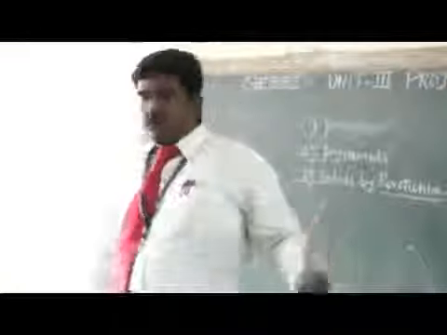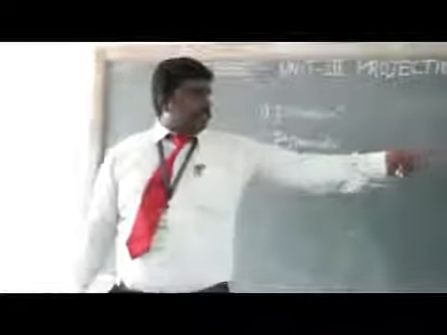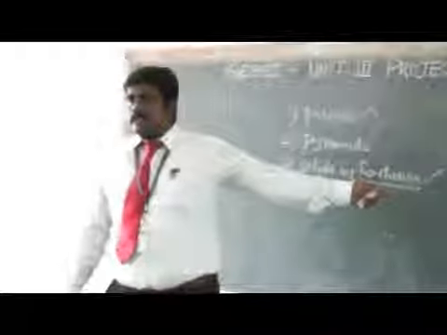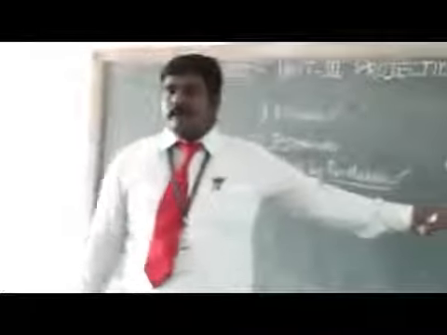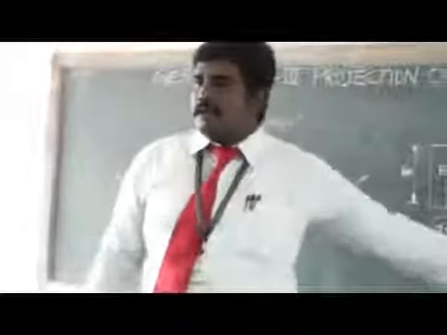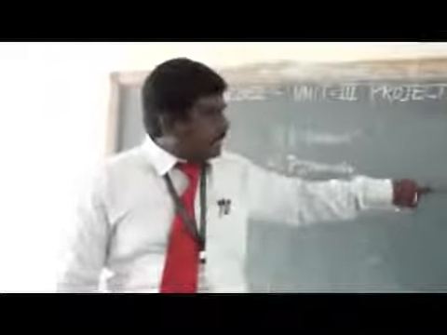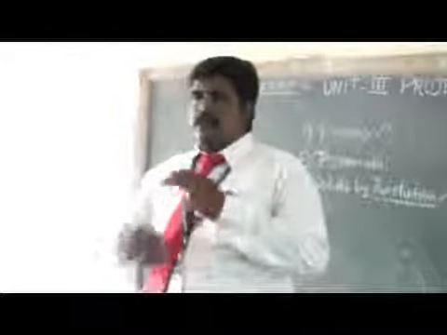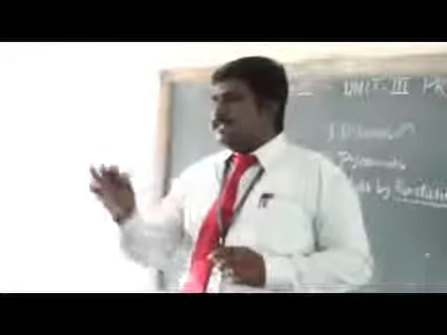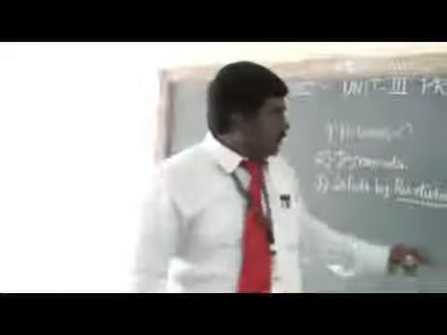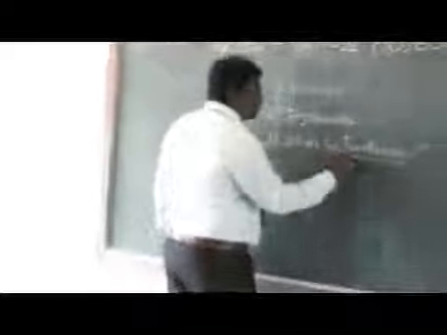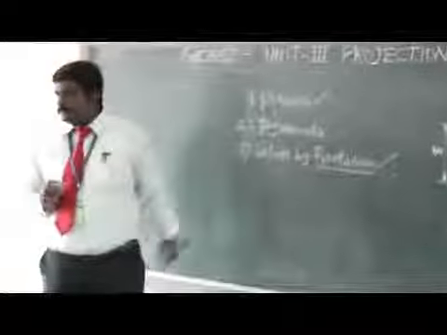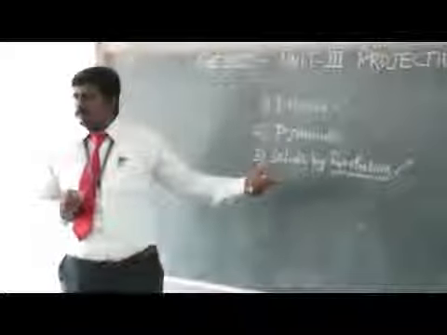Any doubts? So this is how the cylinders, cones, and spheres are obtained by just revolving about any axis, say x-axis or y-axis, whatever may be the axis, but just by revolutions we are going to get. So that is why these solids are said to be solids by revolutions. Any doubt?